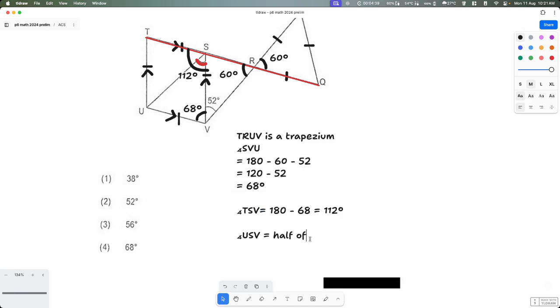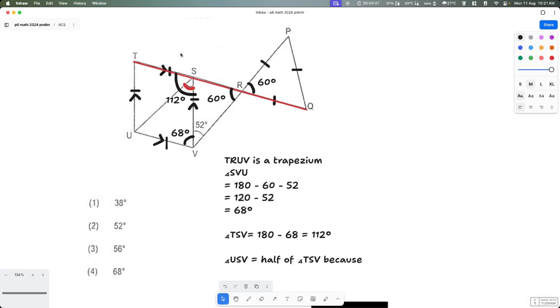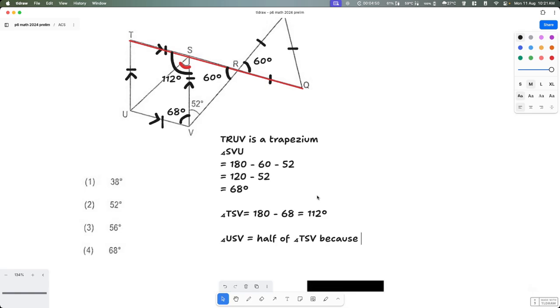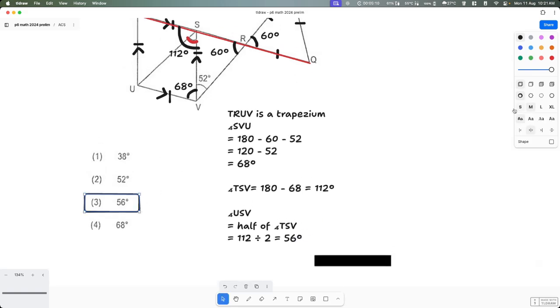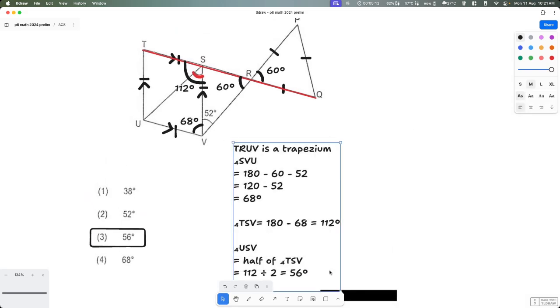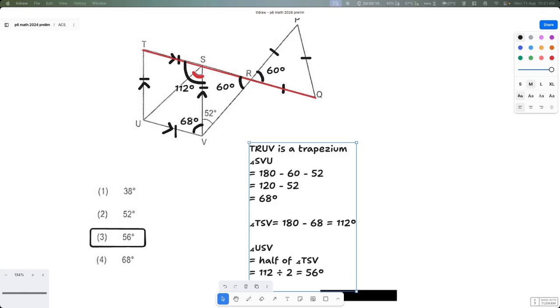Because in this case it's the midpoint of these two, so that means it is basically equal to 112 divided by 2, which gives you 56 degrees over here. So the answer is option number 3 in this case. All right, so let's move on to the next question.